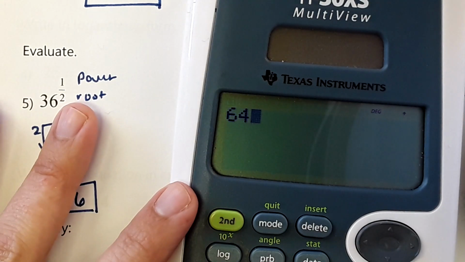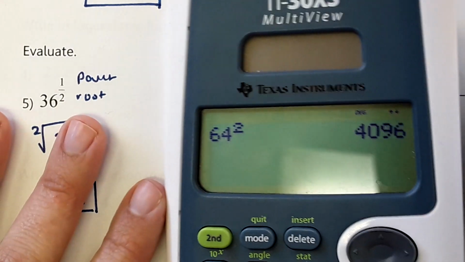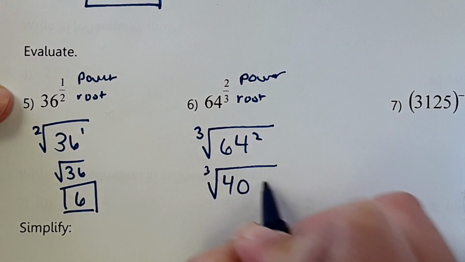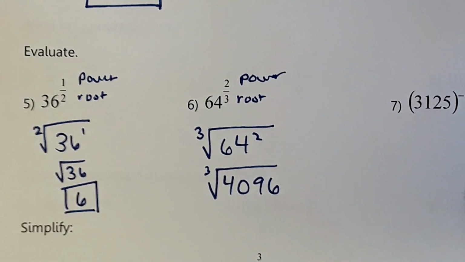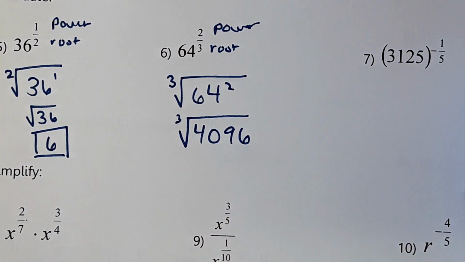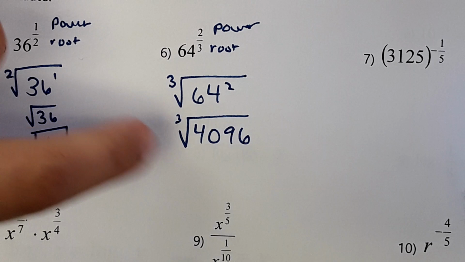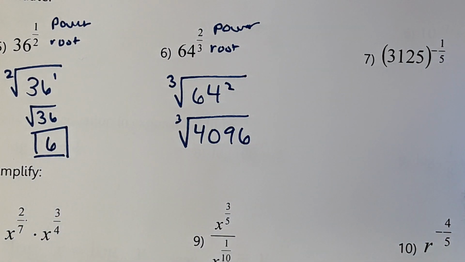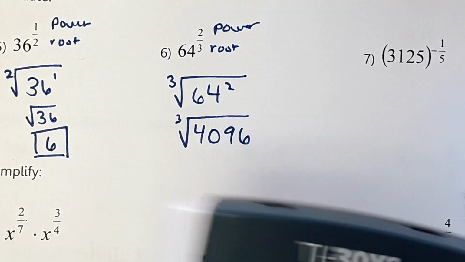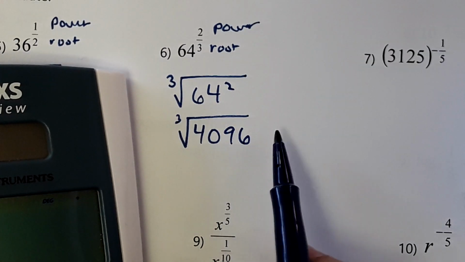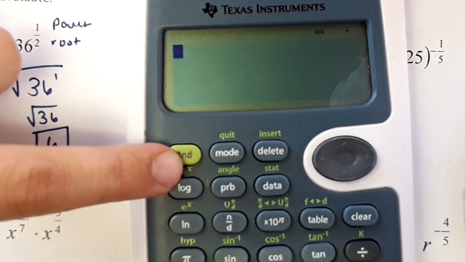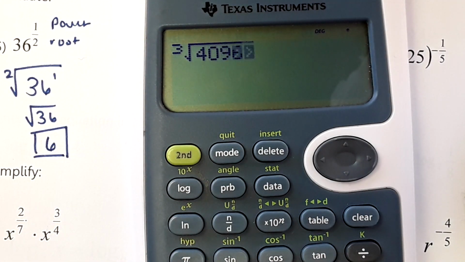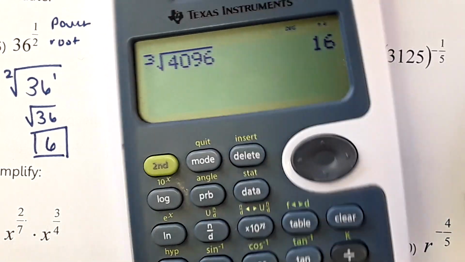So 64 squared is 4,096. We could use the method we learned last chapter where we break this all up into factors. But honestly, you should already be good with that. So just use a calculator and find the cubed root of 4,096. So in a calculator, I would do 3 cubed root 4,096, which is 16.